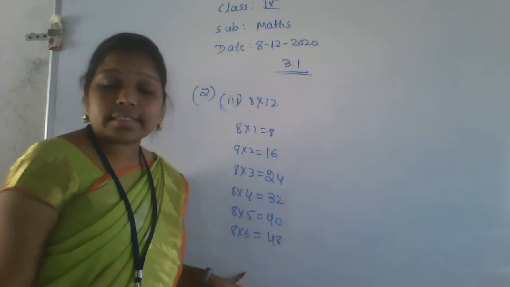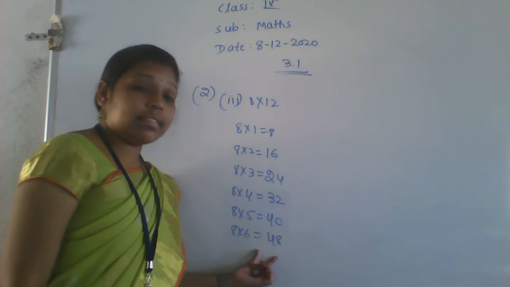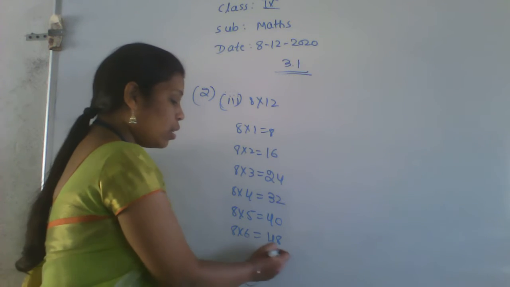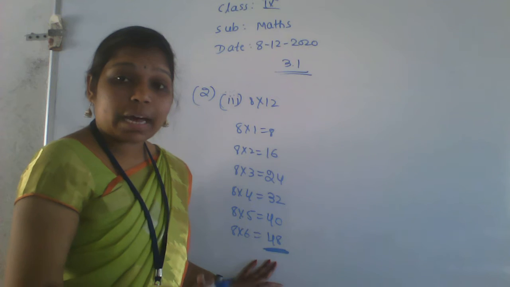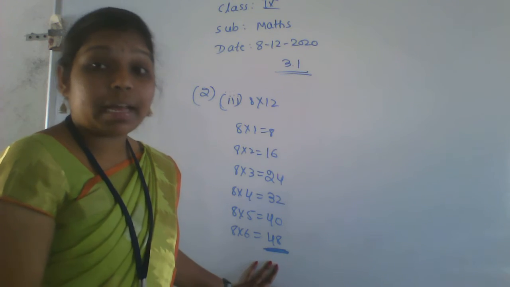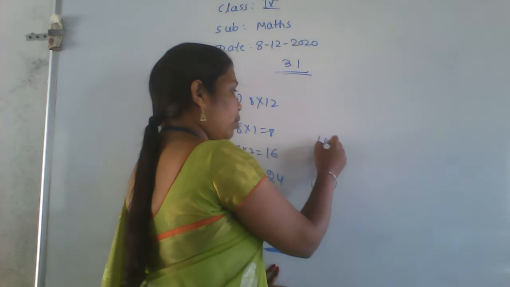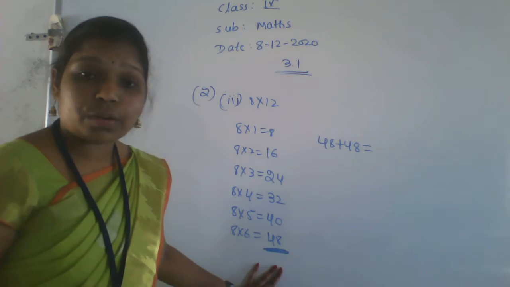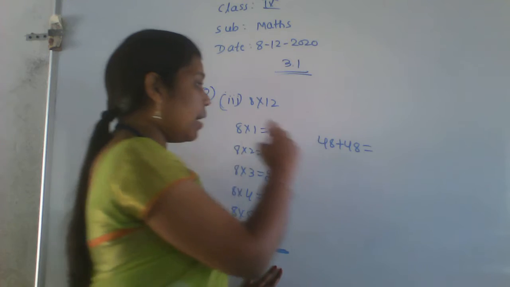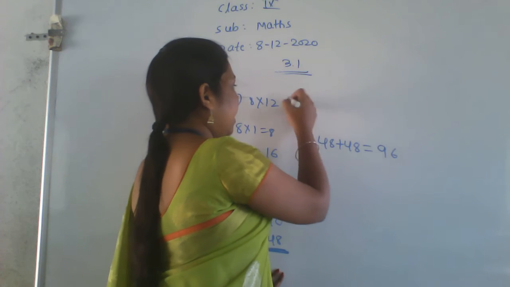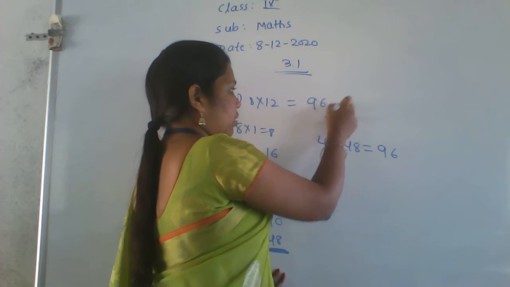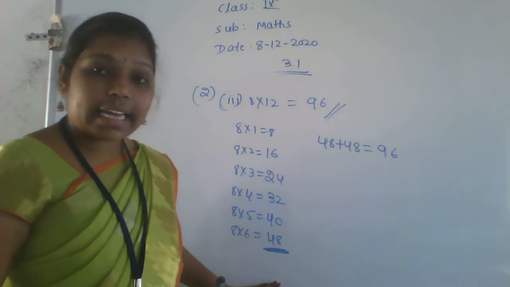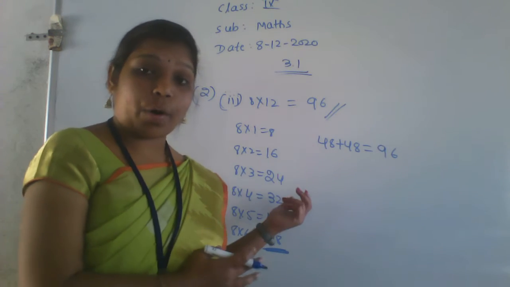So what is the sixth table value here? 8 sixes are 48, right? So you have to double this value. Double means 48 plus 48. What is the answer? That answer is here 96. Right here, 8 into 12 is 96. Double the sixth table and find the product.